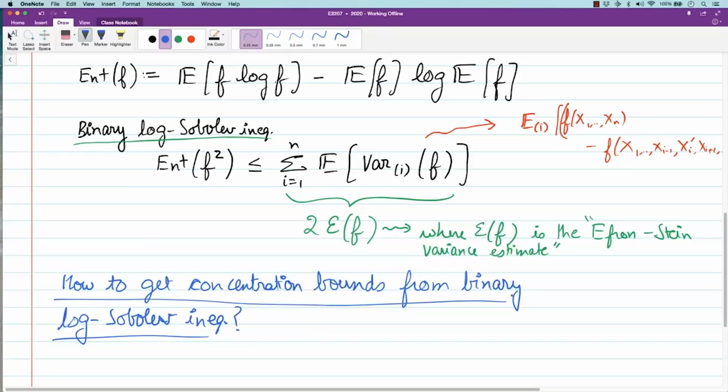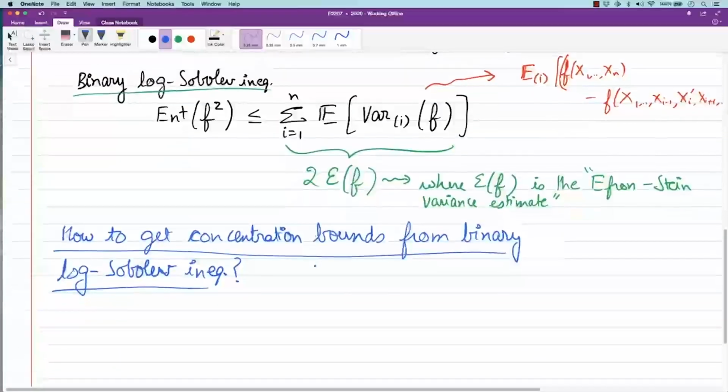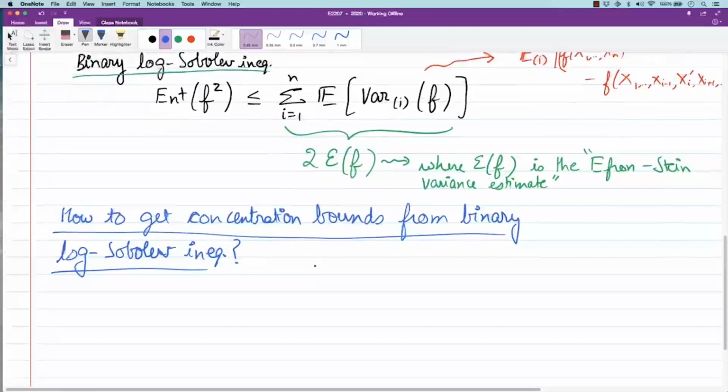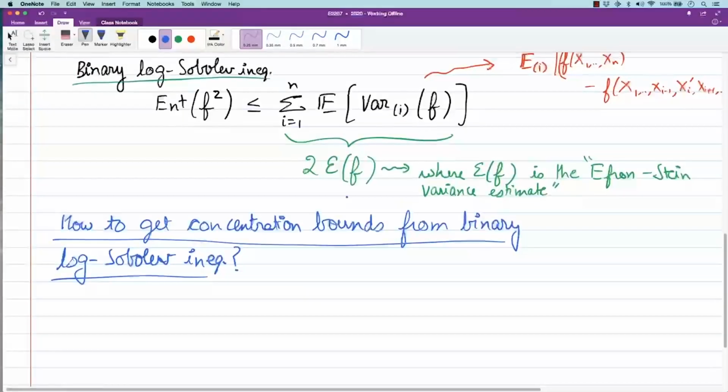Of course, this is just an example, and later we'll extend it to other distributions as well.